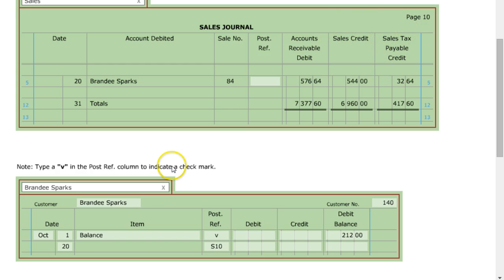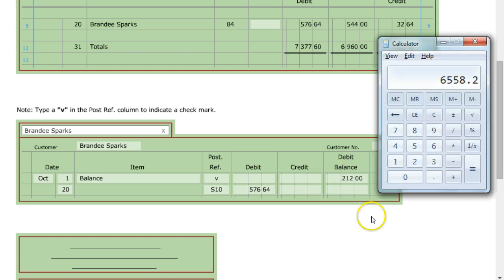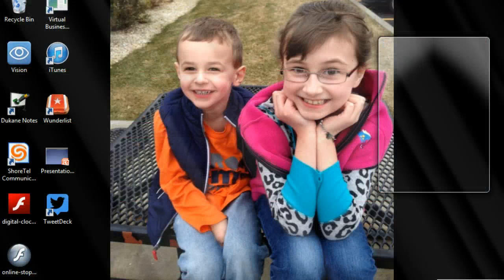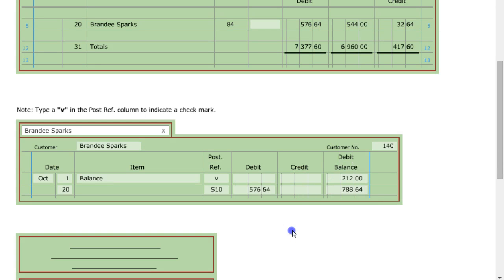We're dealing with the accounts receivable ledger, therefore we use the accounts receivable column. It's going to be debited for $576.64. Now if you notice, it has a debit balance, so we're going to take 576.64 and add 212, and you should get 788.64. So we'll just put that down there.